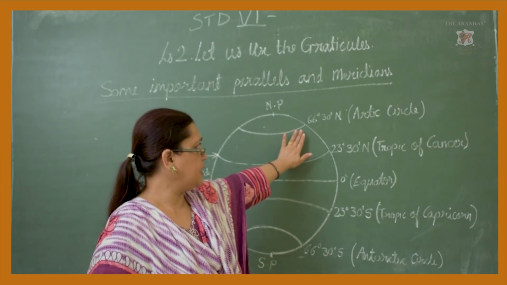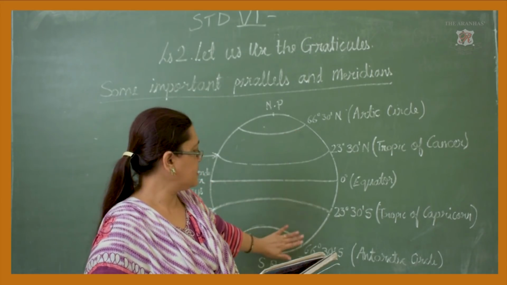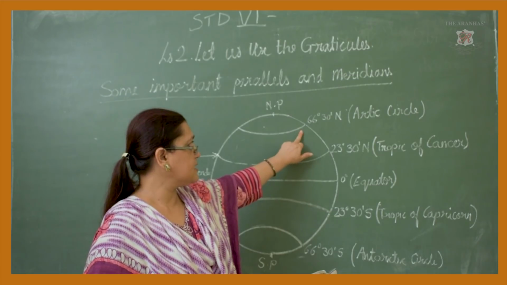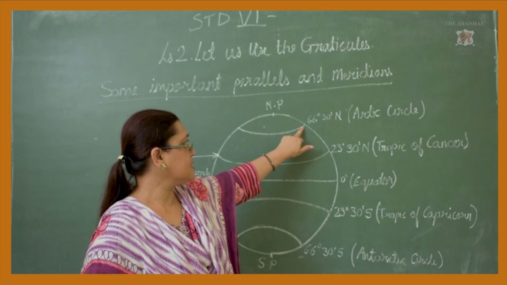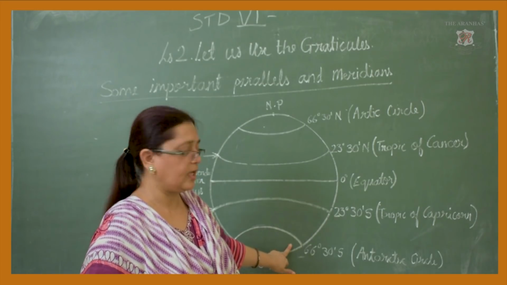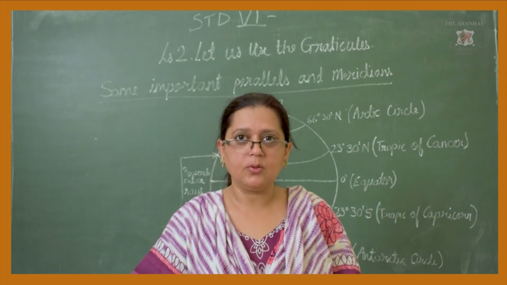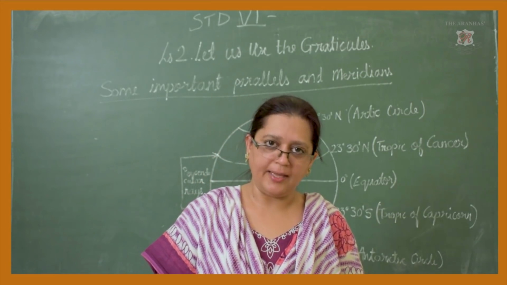Then we studied the Arctic Circle and the Antarctic Circle, which are at 66 and a half degrees north and 66 and a half degrees south. So, thank you children.